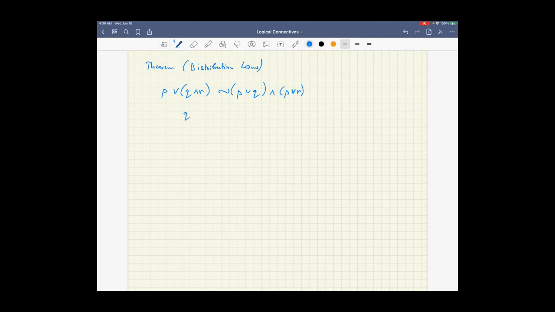When you have Q or R, and then take the conjunction of this with P, that's logically equivalent to, again, view this as multiplication and this as addition, it will be P times Q, or P and Q, plus or P and R.